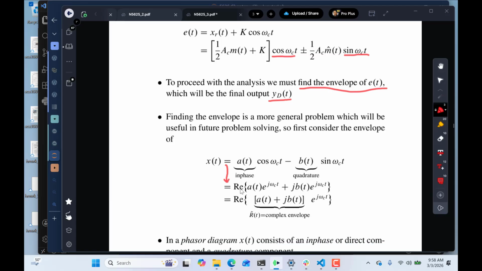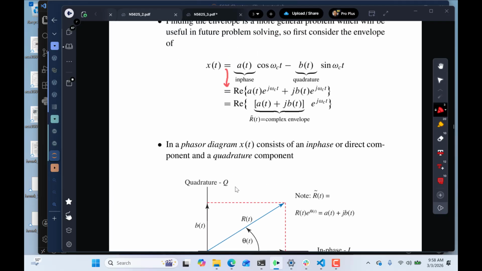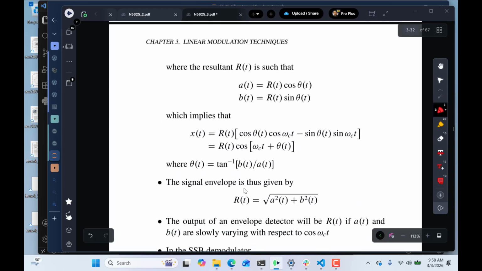So that is what we want to get our hands on, and just seeing how you could look at that complex envelope as being composed of a real part and an imaginary part, and it's rotating with theta of t, depending upon how A and B are in motion. So the resultant is r of t, and the r of t is the magnitude of this quantity, which is the square root of the sum of the squares of the real and imaginary parts of the complex envelope.